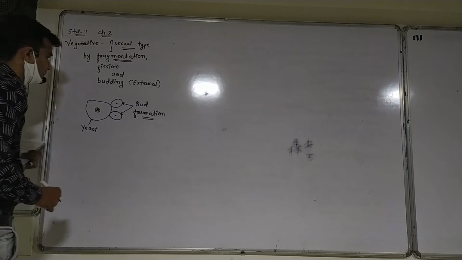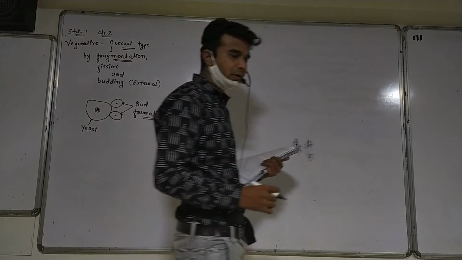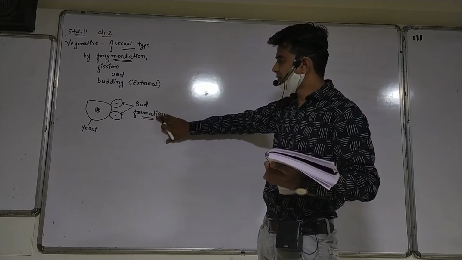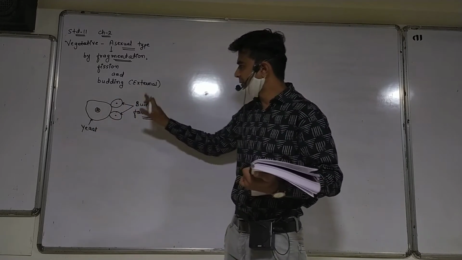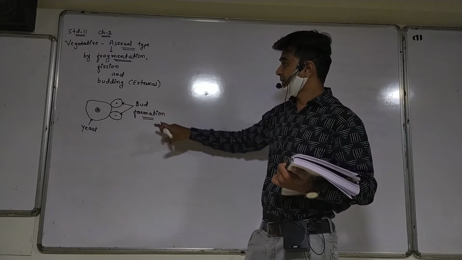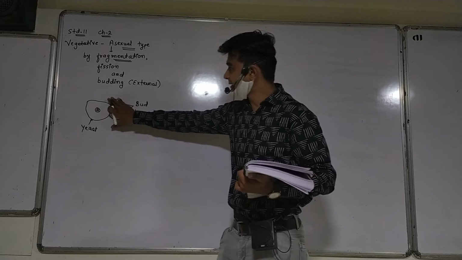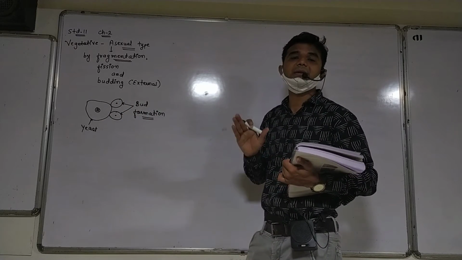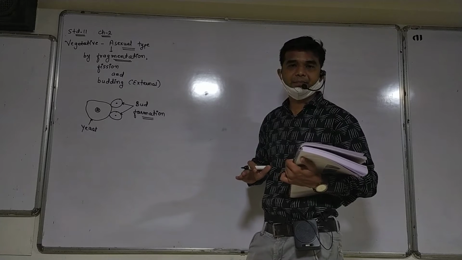Due to cell division, the bud is formed just outside of the fungi body or yeast body. Then this bud is detached from the parental body and lives its individual life.